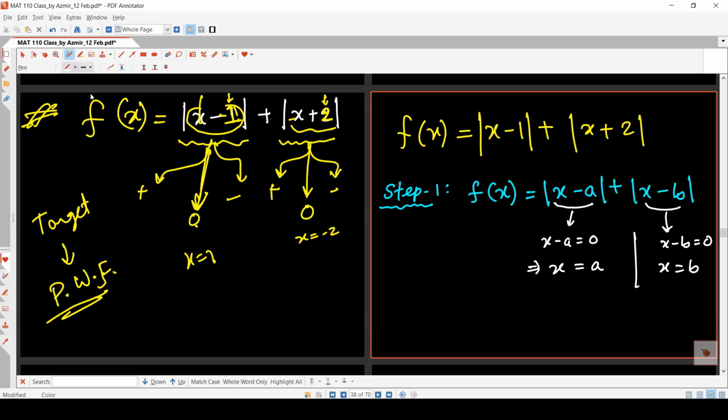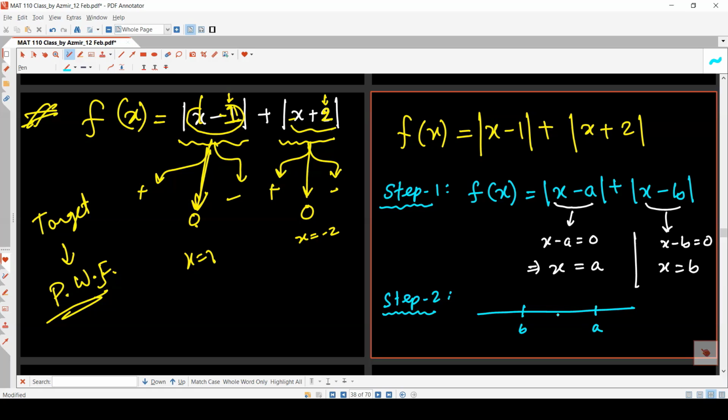Now step 2, we have to draw number line, and we have to understand out of x equals a and x equals b, out of these two numbers, which number is smaller? Suppose b is smaller than a.